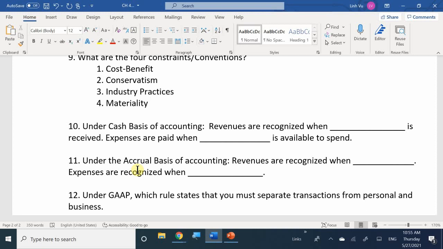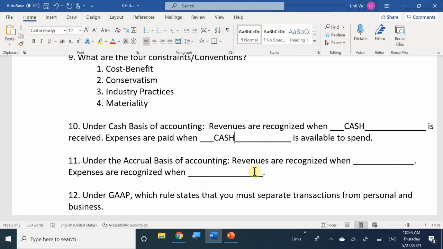Expenses are paid when blank is available to spend. Money, cash. Cash, good. Now flip reverse.